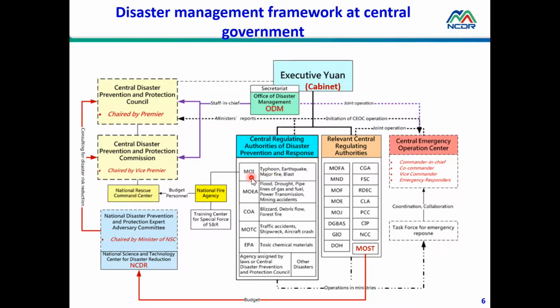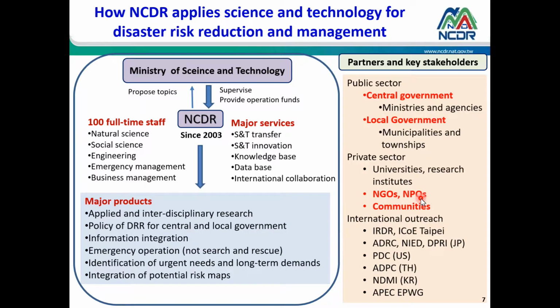For example, MOI, the Ministry of Interior, is responsible for typhoon, earthquake, major fire, and blast. Likewise, MOEA, the Ministry of Economic Affairs, is in charge of floods, droughts, pipeline problems, and also transmission towers or mining accidents. So this is our central framework.